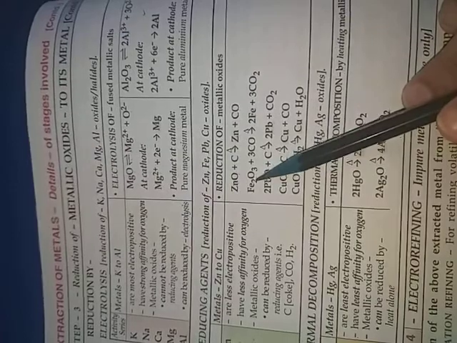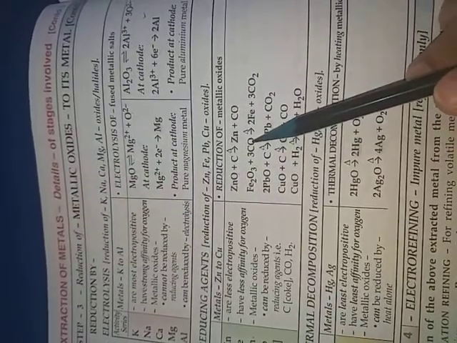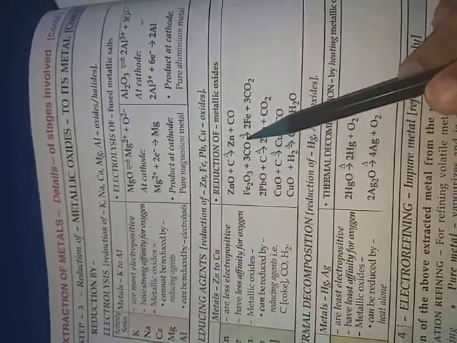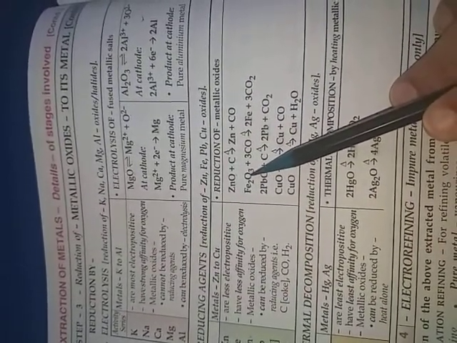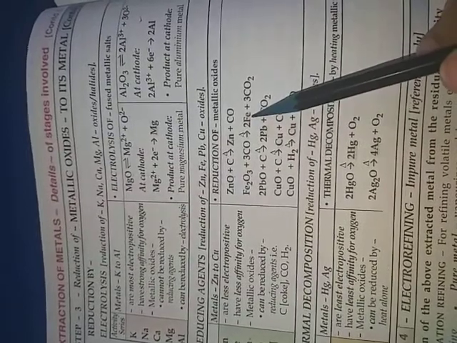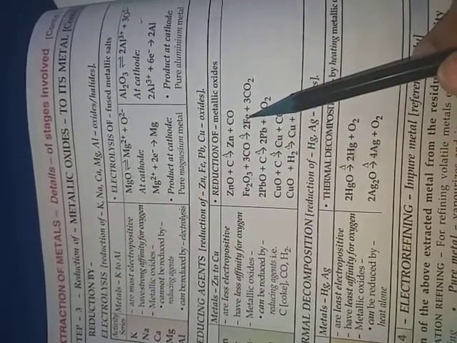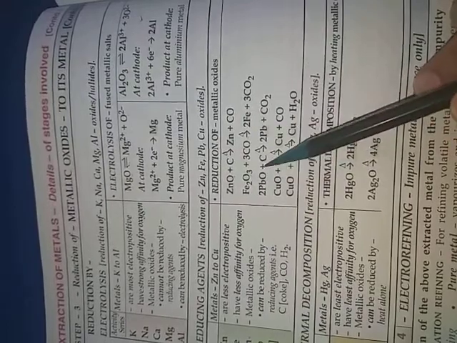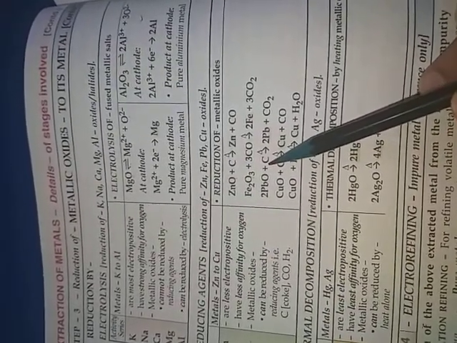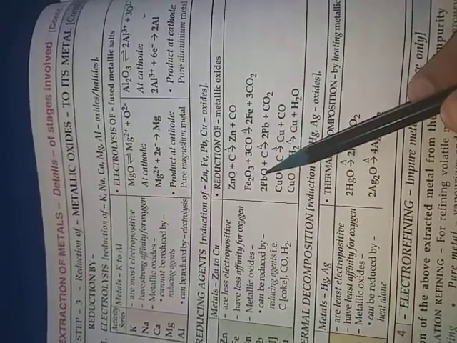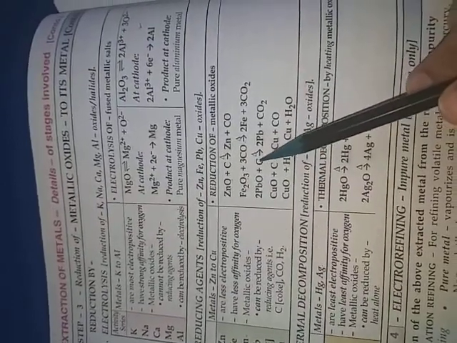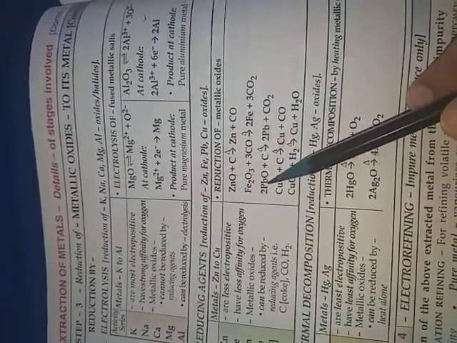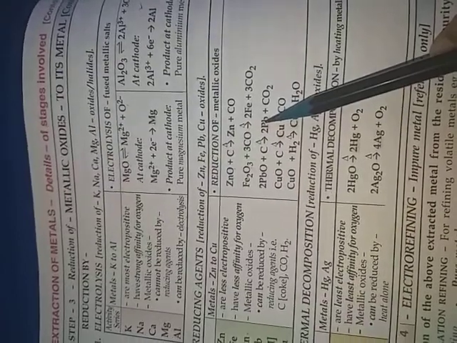Here too, Fe2O3 is there. We'll put CO to it, it will take the oxygen from it, because this metal has less affinity for oxygen, so we'll get Fe here. The metal oxide will reduce to metal. Here too a metal oxide reacts with coke; upon heating it will give its oxygen to the carbon and reduce to the metal.